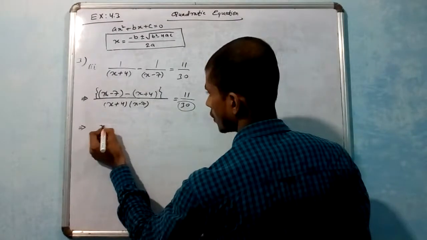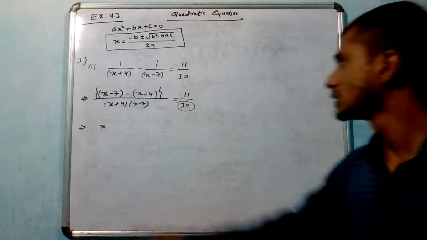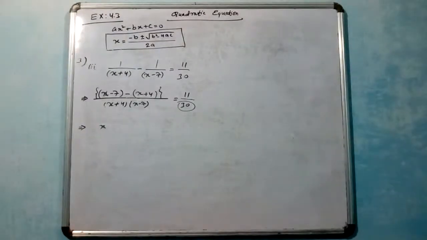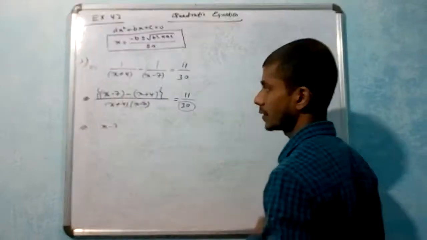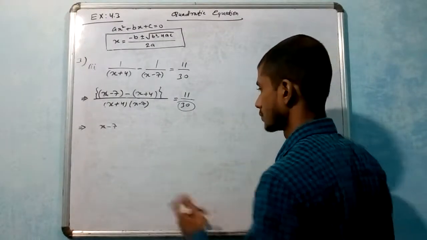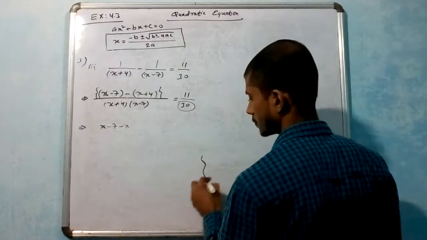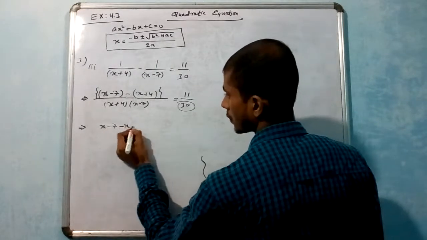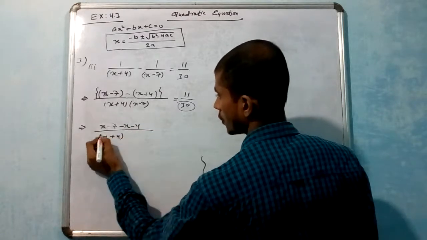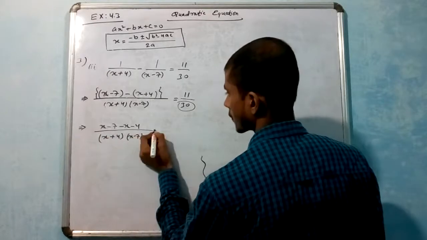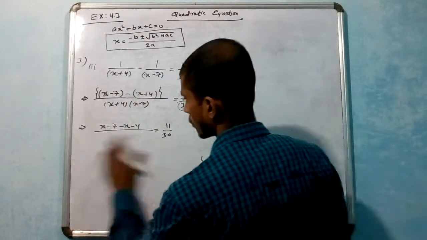Come on, dictate me. x minus 7, open the bracket and say x minus 7 minus x minus 4, fine, and then by x plus 4 into x minus 7, you can open, no problem, open it, come on.